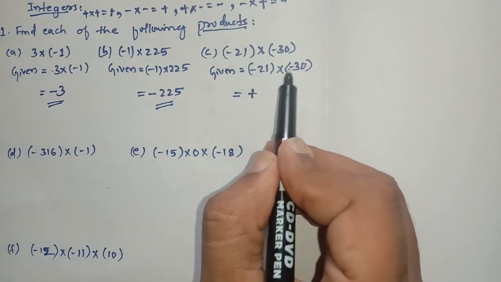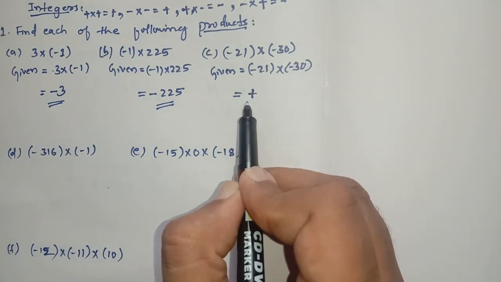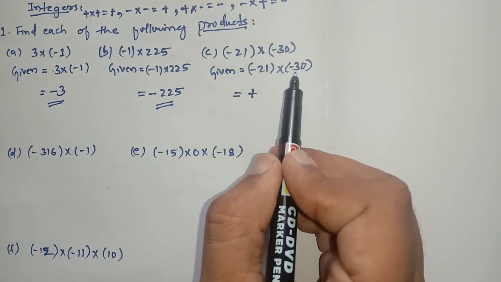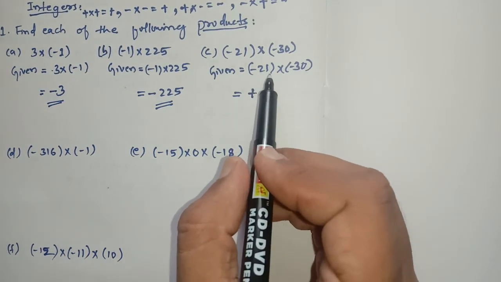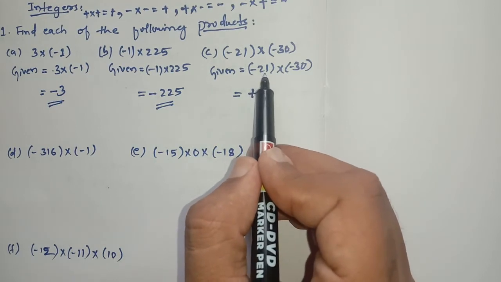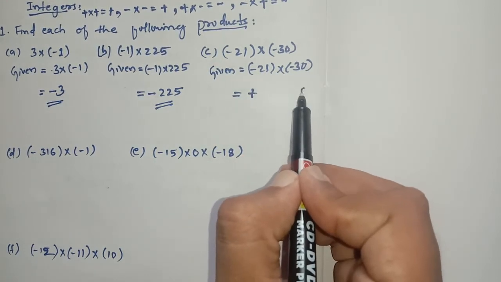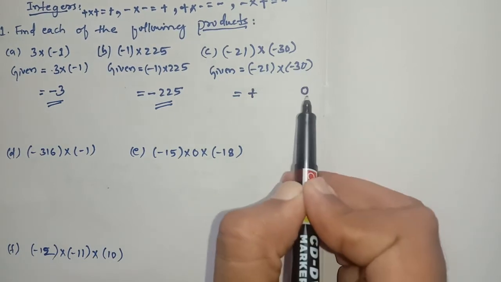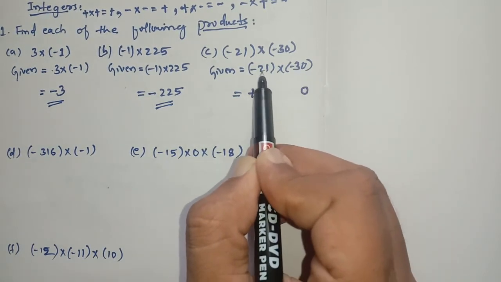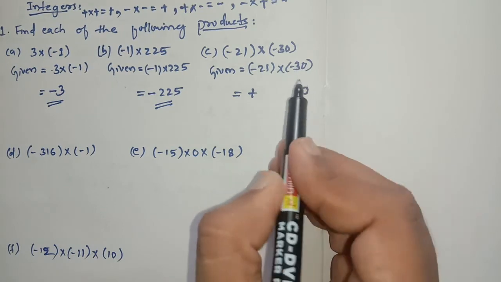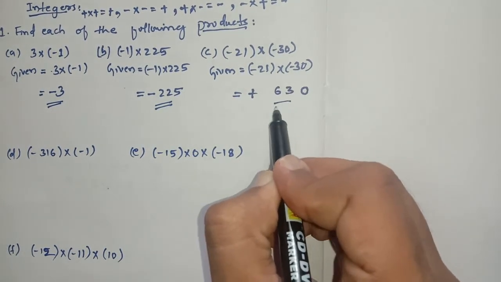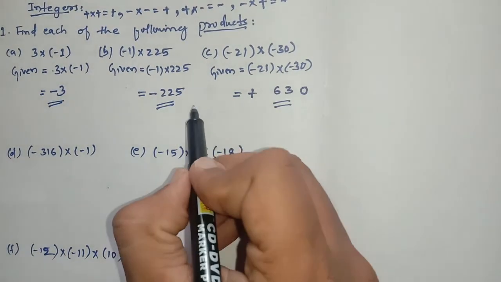Minus into minus is plus. 21 into 30, students. First see here, 21 into 0 is 0. 21 into 0 is 0. 21 into 3 is 63. 630 is our answer.